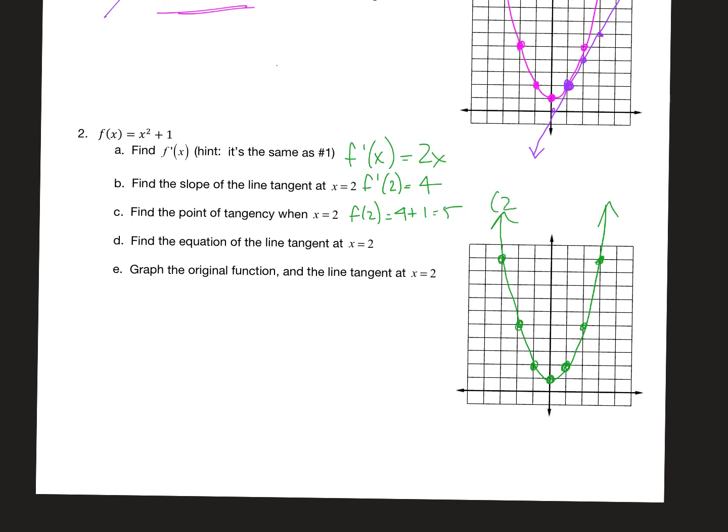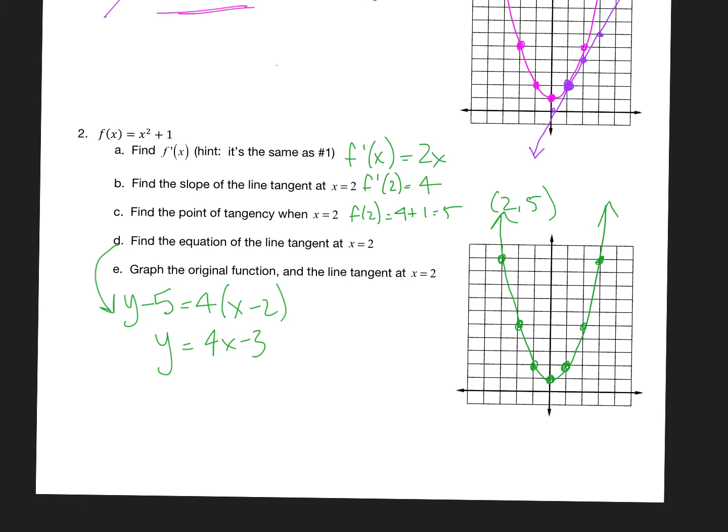So here's my point of tangency. And then it says find the equation of the line. So let me do y minus y1 is equal to m times x minus x1. And if I distribute and simplify, I should get y equals 4x minus 3. And then it says graph the original, which I have already done, and the line tangent.